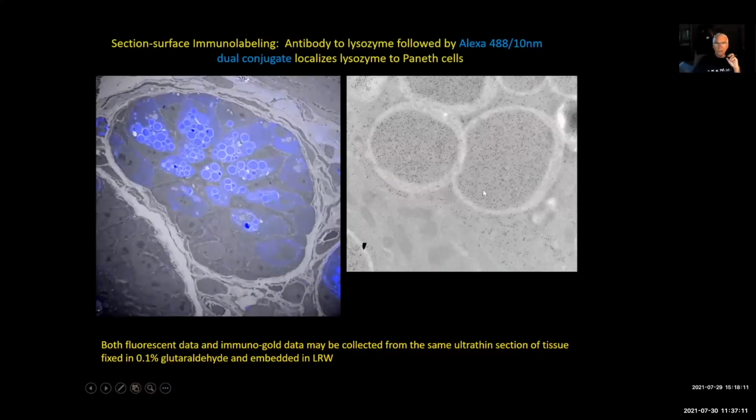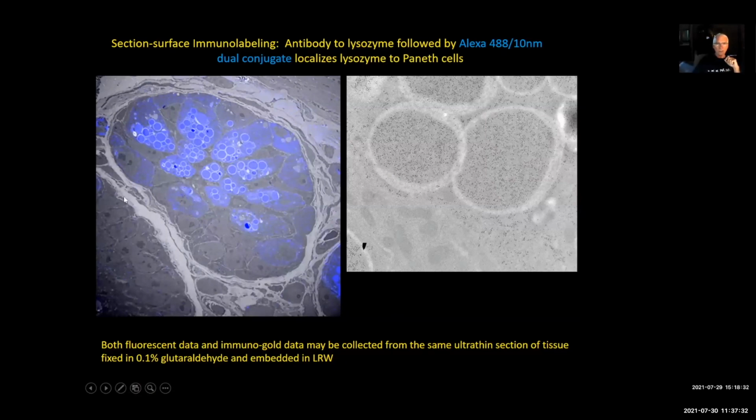Finally, I'll also mention that dual conjugates, which carry both a small gold particle and a fluorescent marker, can be applied as a secondary antibody. So in this case, it's another section surface immunolocalization study, but here we're localizing lysozyme to Paneth cells.